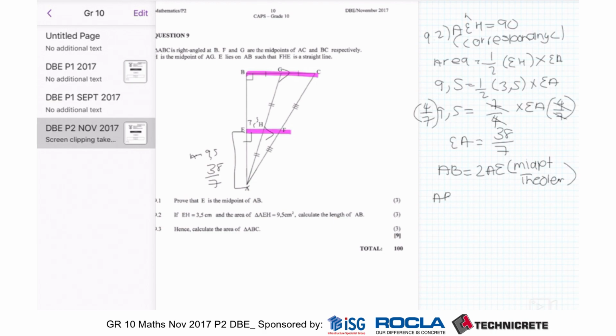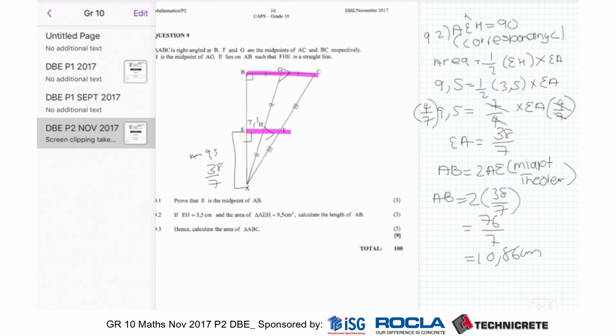Therefore, AB is equal to 2 of 38/7. And my answer, now I can round off, is 76/7, which is equal to 10.86 centimeters.